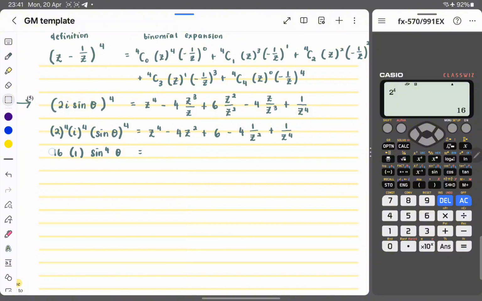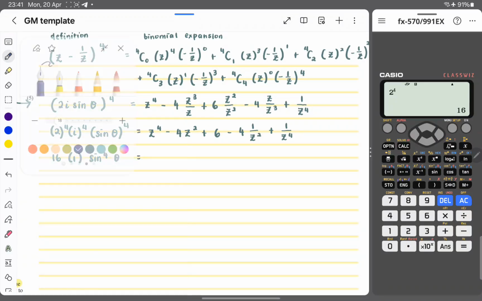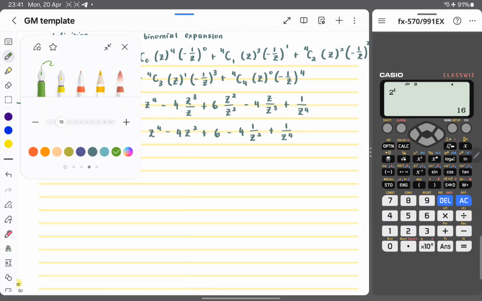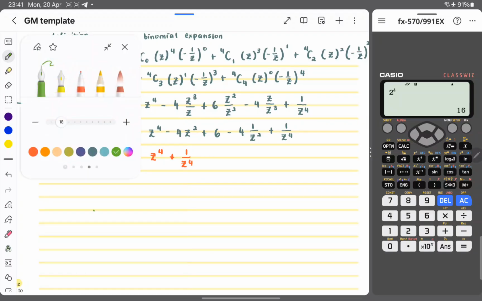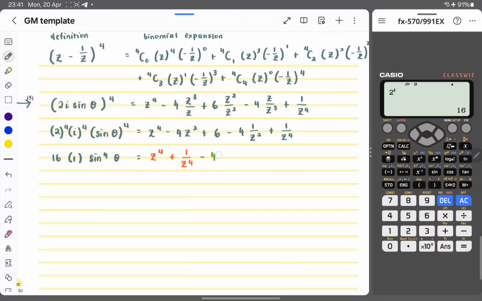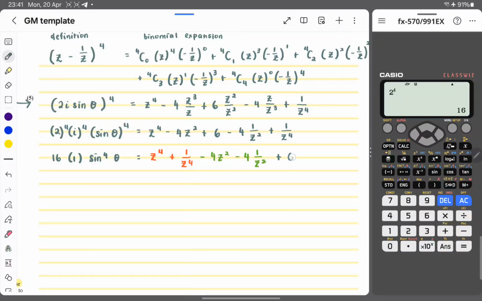Now, for our right hand side, I will start using different colors. Okay, so here it would be z to the power of 4. Okay, I'm going to combine it with plus 1 over z to the power of 4. Next, I will have minus 4z squared minus 4 1 over z squared. And then I can use the previous color back, plus 6.